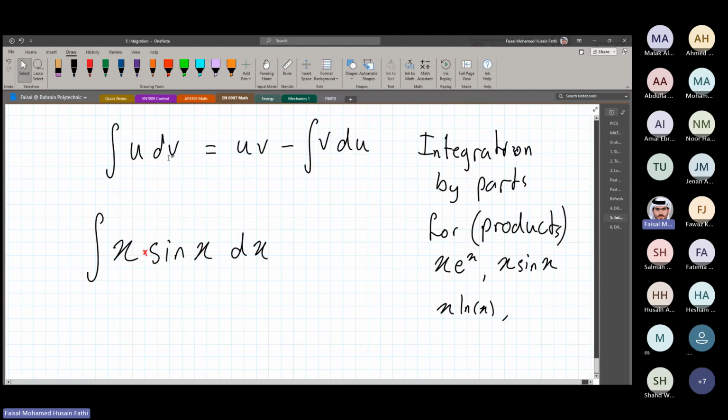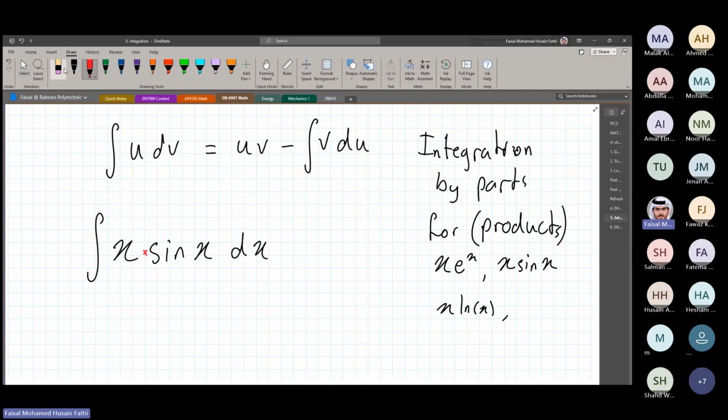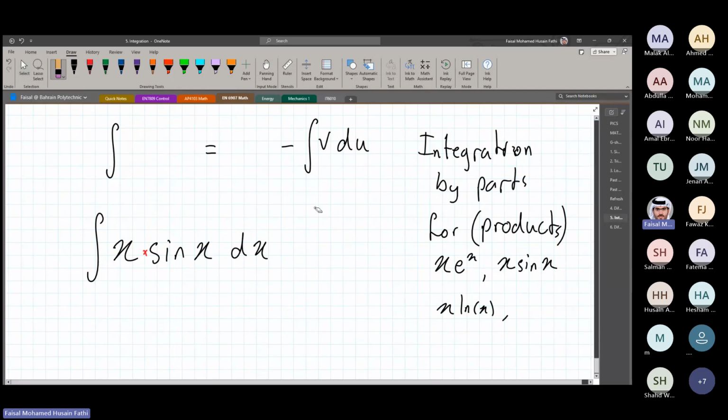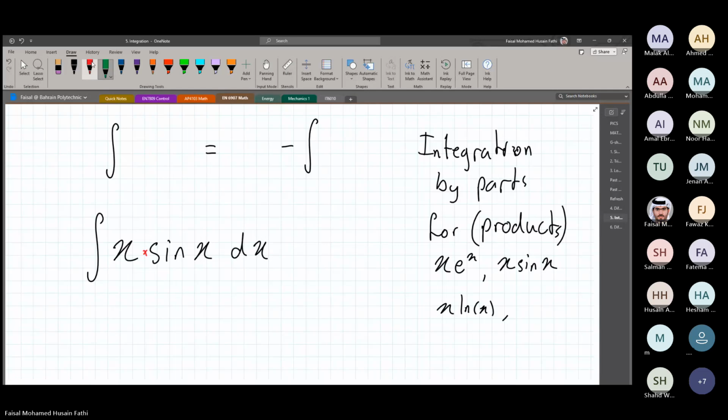So how do you apply this rule? If you notice, on the left side, let me color everything like I usually do so you don't get lost. We have integration of u dv, u times v, and then integration of v du. So we need to set a u value and a dv value, a differentiation value.